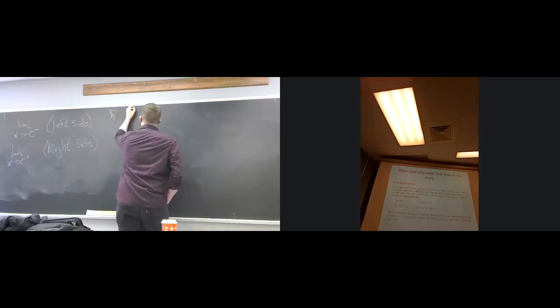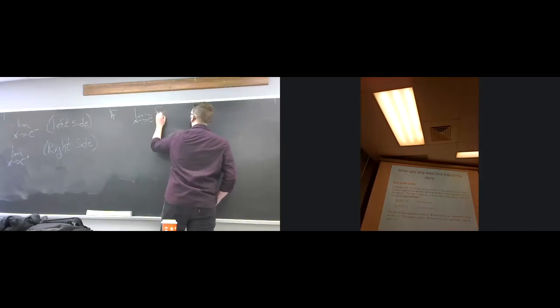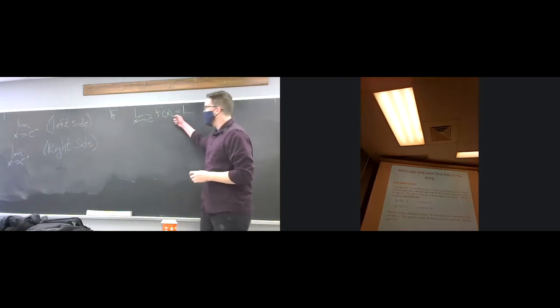Now, in order for us to say a limit exists, if the limit as x approaches c of our function f of x is equal to L, if this is going to be true, then these two things have to also be equal to L, right?